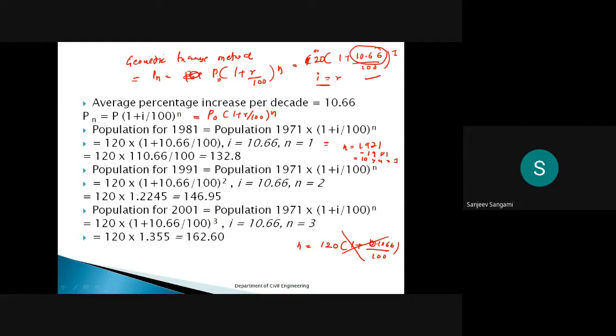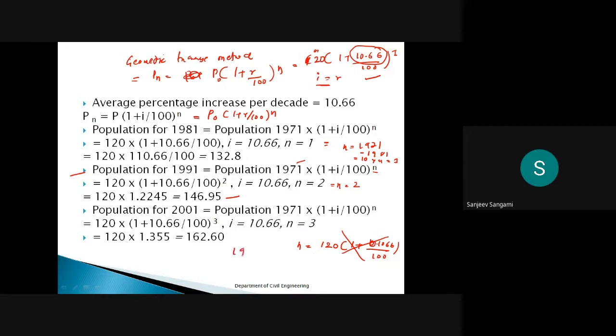Then the population for 1991. Again it will be 1 plus, and here n is equal to 2. So you will get 120 into 1.2245. Then the population for 2001, here n is equal to 3. Why n is equal to 3?